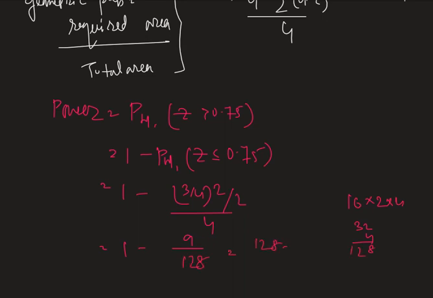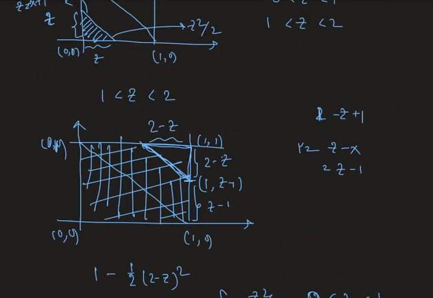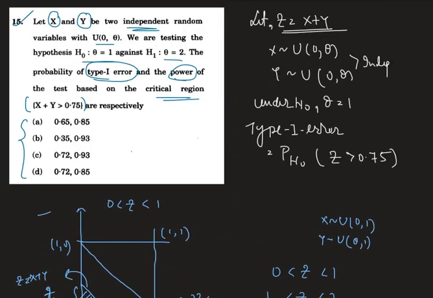Now (128 minus 9) divided by 128 is equal to 119 divided by 128, which results in approximately 0.93. Therefore the power of the test is 0.93 and the type 1 error is 0.72.